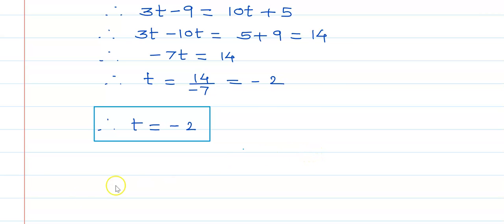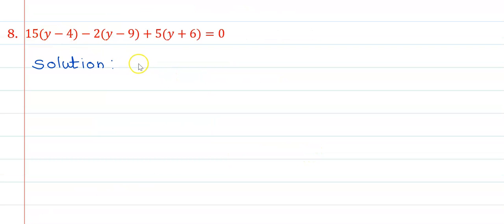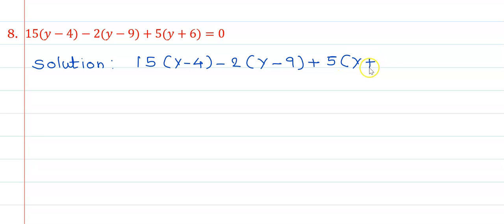Now the next example: 15 in bracket y minus 4, minus 2 in bracket y minus 9, plus 5 in bracket y plus 6, equals 0.